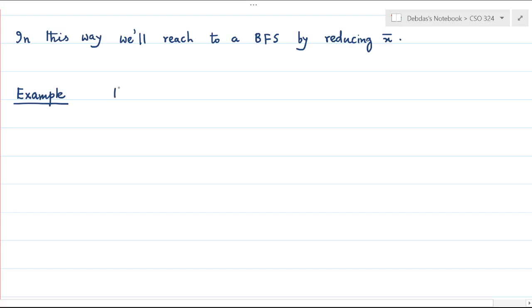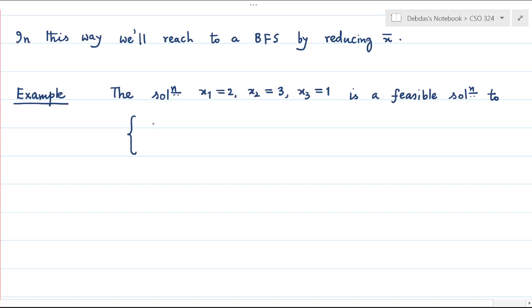It is given that the solution x1 is equal to 2, x2 is equal to 3, x3 is equal to 1 is a feasible solution to the set that 2x1 plus x2 plus 4x3 is equal to 11, 3x1 plus x2 plus 5x3 is equal to 14.